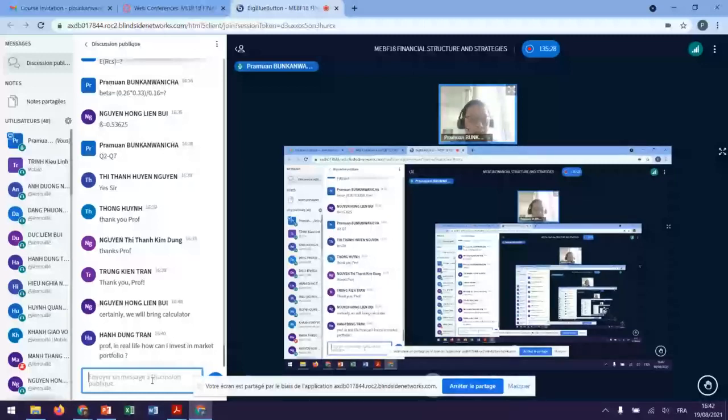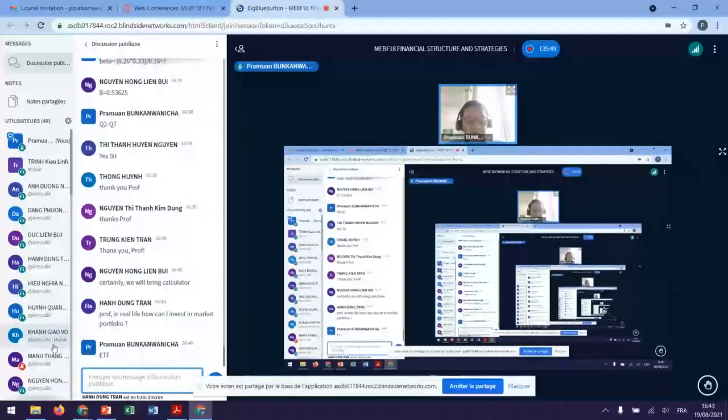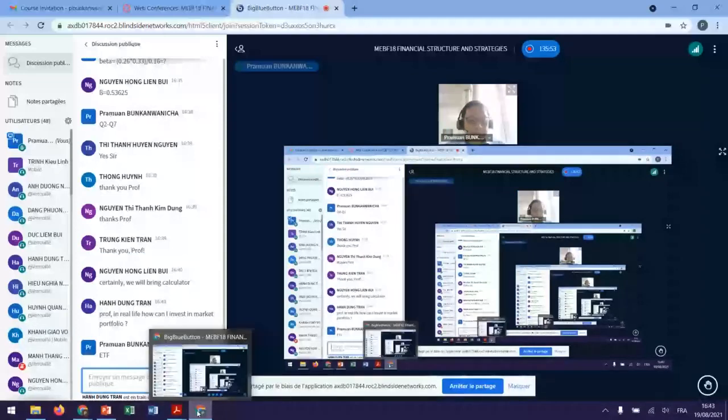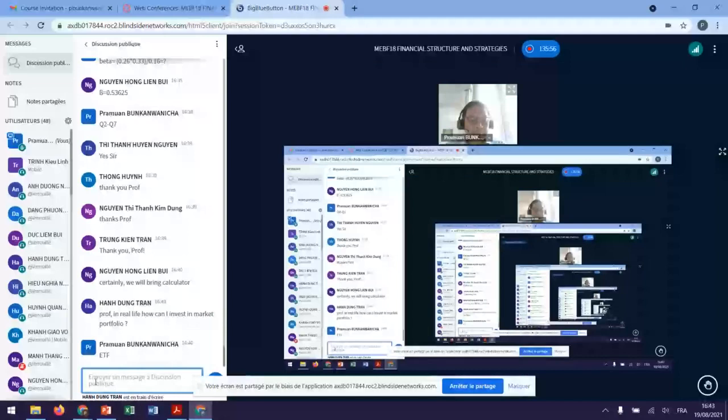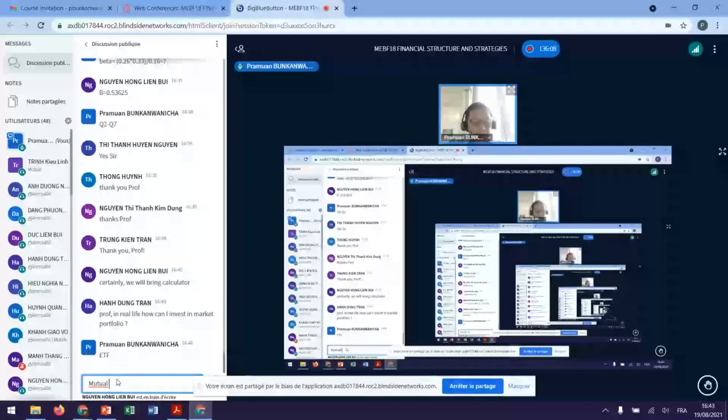So either you put an allocation, you look at how the market portfolio works, or otherwise you can use what we call an ETF. Have you heard something about ETFs? Does anyone know anyone working in the investment area? Do you know what a mutual fund is, right? Everybody knows what a mutual fund is?